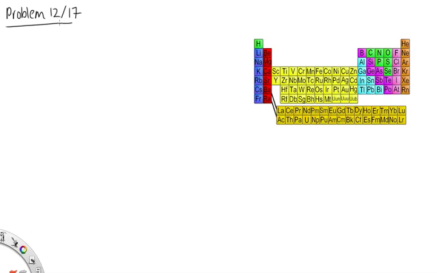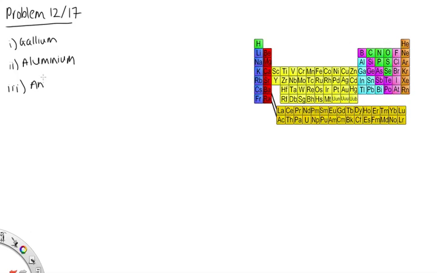In this problem, we're told that pure silicon is doped with the following elements to produce extrinsic semiconductor material. 1. Gallium. 2. Aluminium. 3.